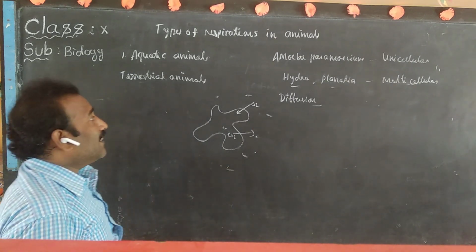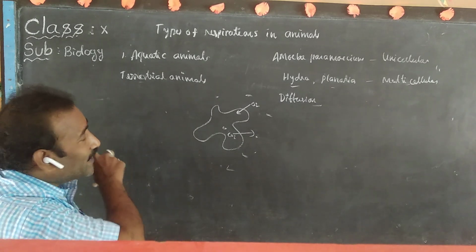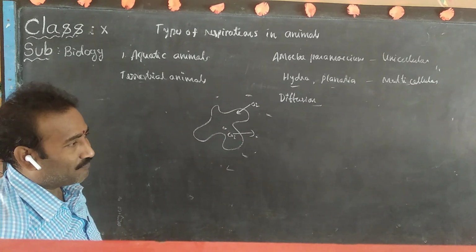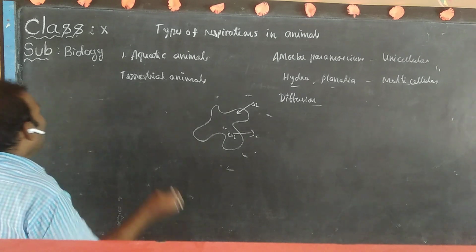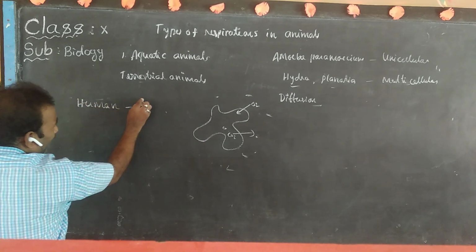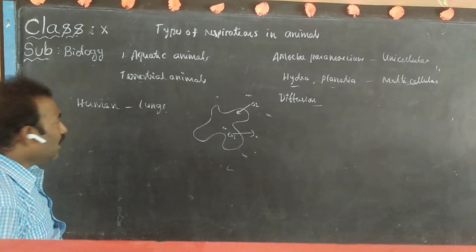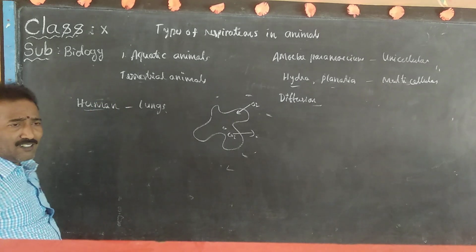But all these multicellular animals do not have the same type of respiration. Suppose a human being. What are the respiratory organs? Lungs. A human being is a terrestrial animal.